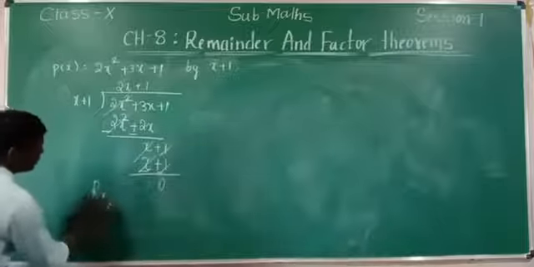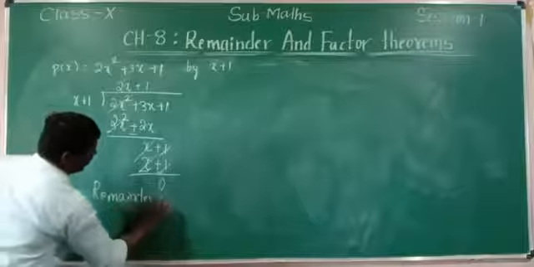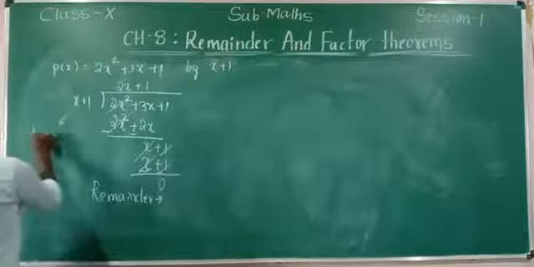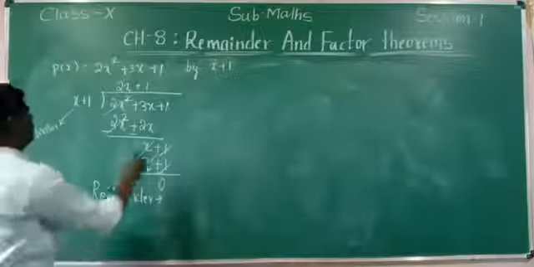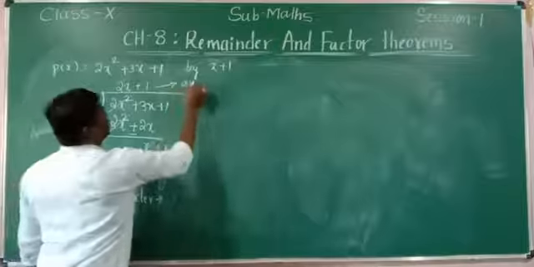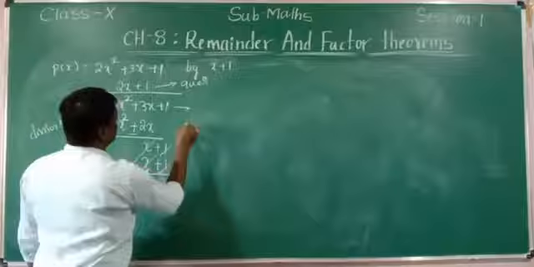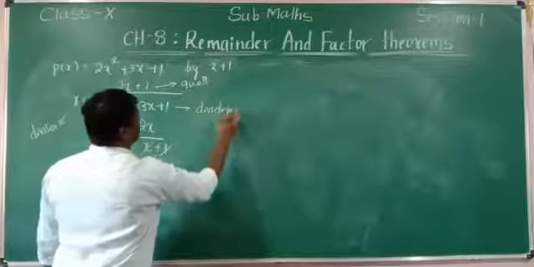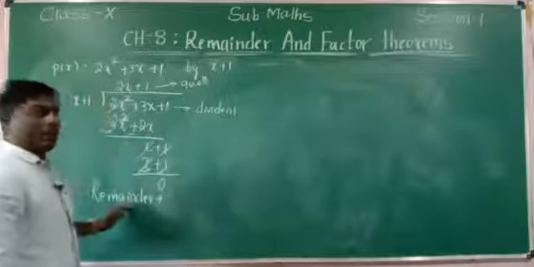So this is the remainder and this one is the divisor. And this is the quotient. Okay, and this one is the dividend. Dividend, divisor, quotient and remainder.